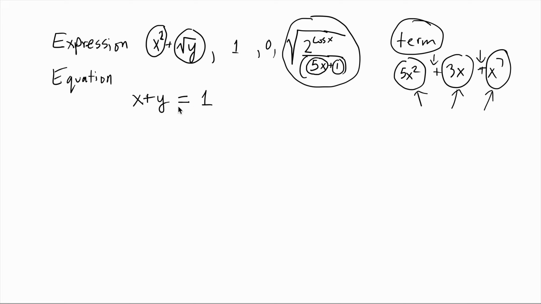I mean, an equation itself is a statement that one expression is equal to the other. This statement could be true, it could be false. It depends on which values that x and y take on. So an equation can be thought of as a true-false statement depending on which values of x and y work.